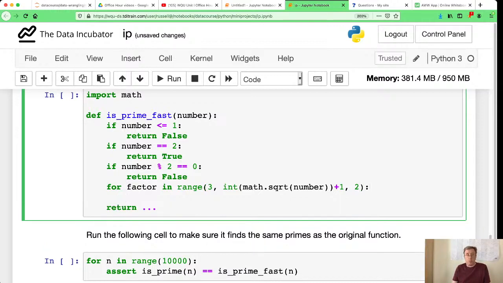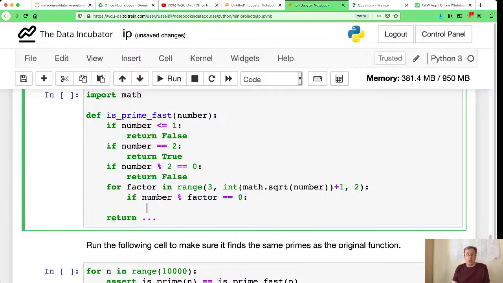If number modulo factor is 0, return false. If I get through this for loop and I haven't returned false by that point, I have a prime number, so I'm going to return true.